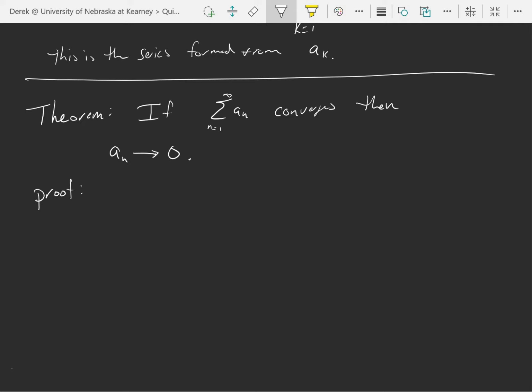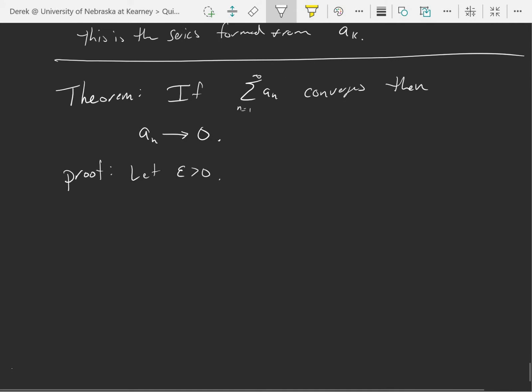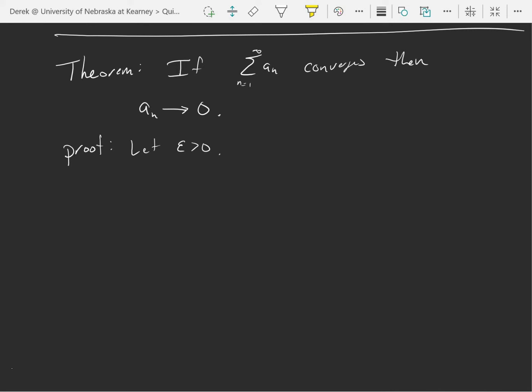So what I need to do is I need to let epsilon be bigger than 0, and I need to show that each of the a sub n's gets smaller than that epsilon, right? So I need to use the fact that the sum converges.